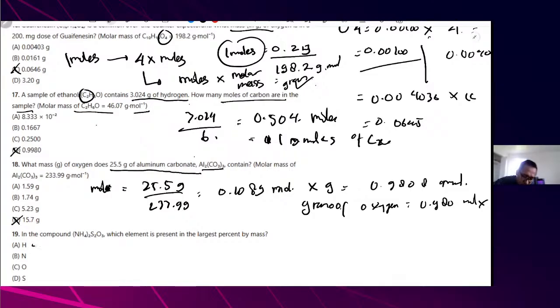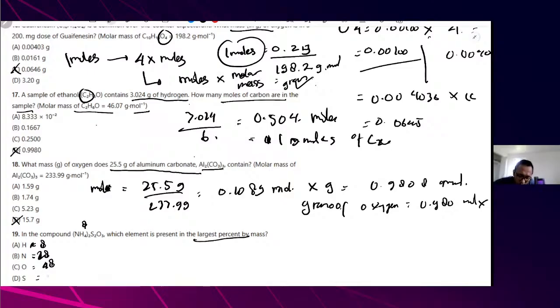For hydrogen, it is 8. For N, N is 2, so 2 times 14 is 28. Oxygen is 3 times 16, so 48. And then which element is the largest percent by mass?